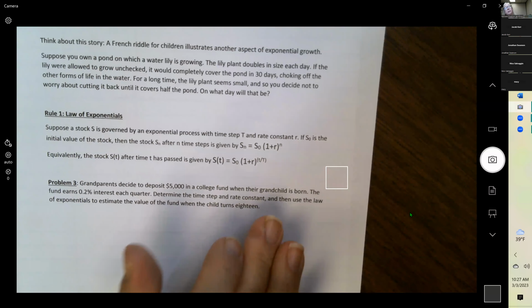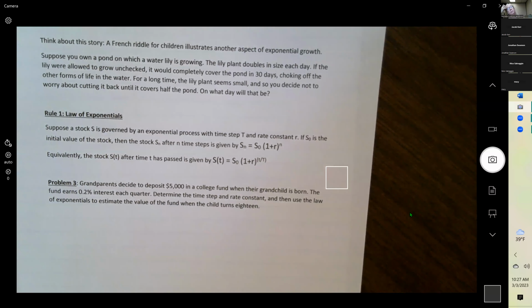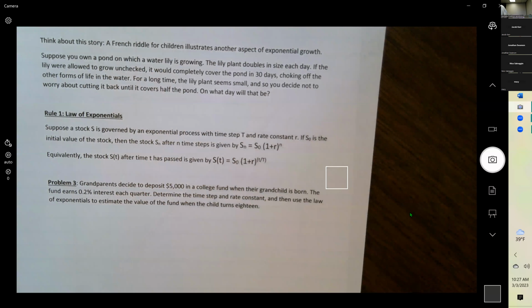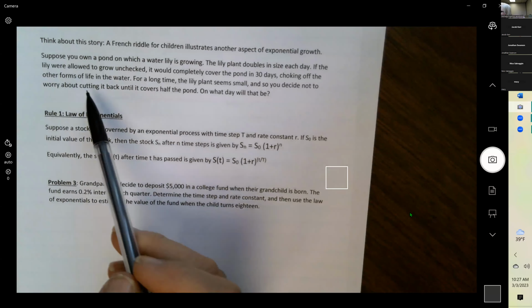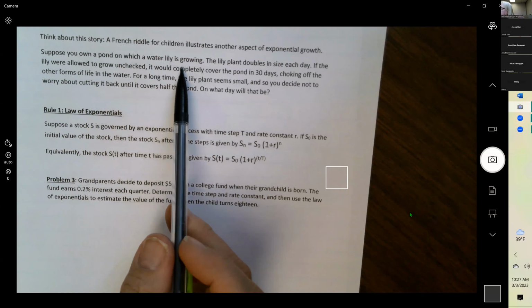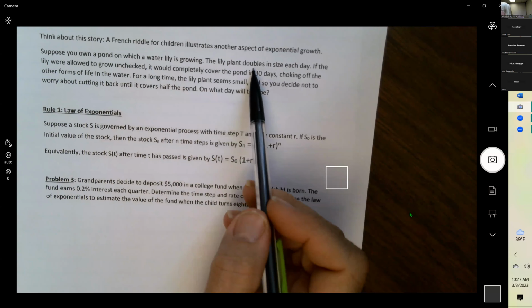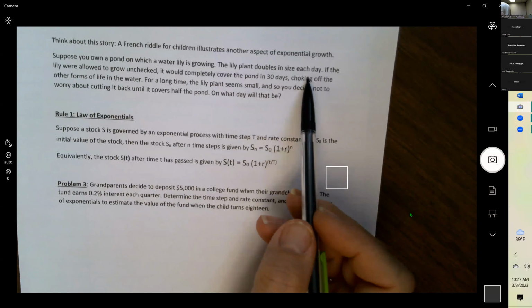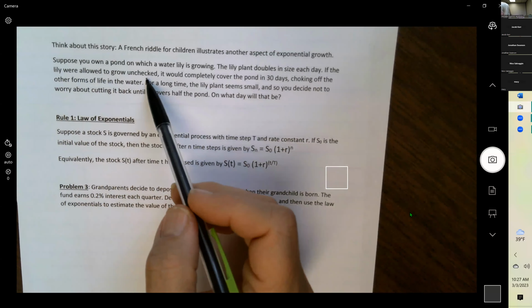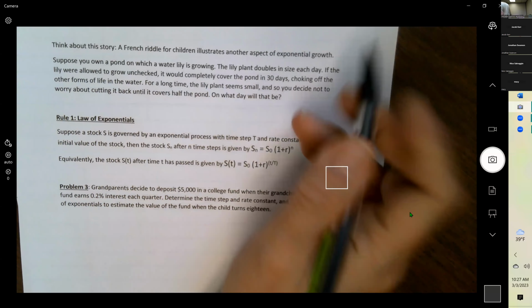I thought this was kind of interesting. It's in your book. It's a French riddle for children, and it also illustrates exponential growth. Suppose you own a pond in which a water lily is growing. The lily plant doubles in size every day. If the lily were allowed to grow unchecked, it would completely cover the pond in 30 days.